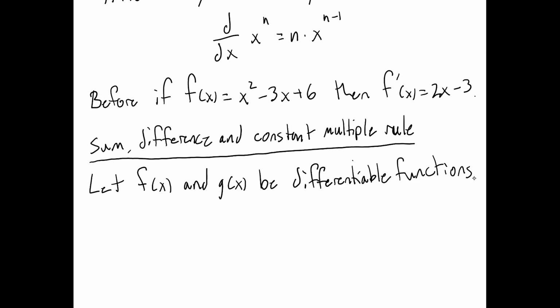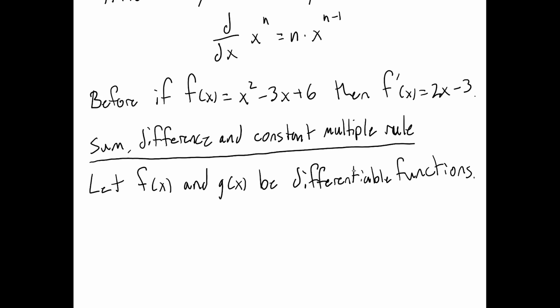Keep in mind what that means is that we're able to take the derivative of these. Wherever it takes the derivative, they're differentiable everywhere. It's not like an absolute value function which isn't differentiable at that turn. So we have these two functions which are differentiable, so their derivatives exist. That's what that tells us.